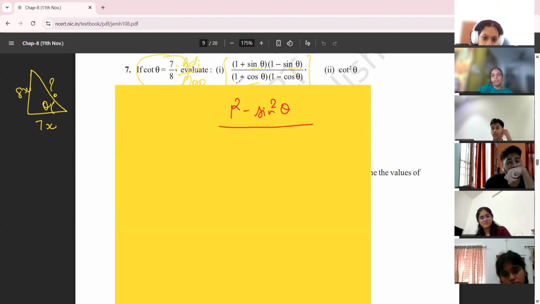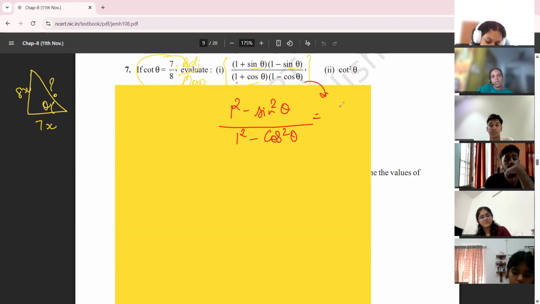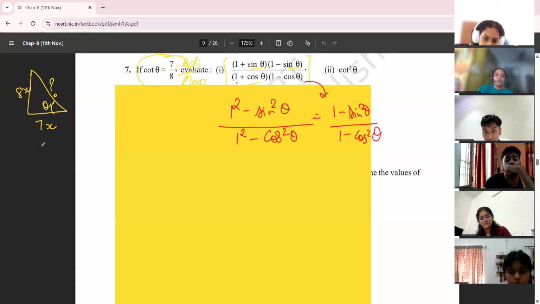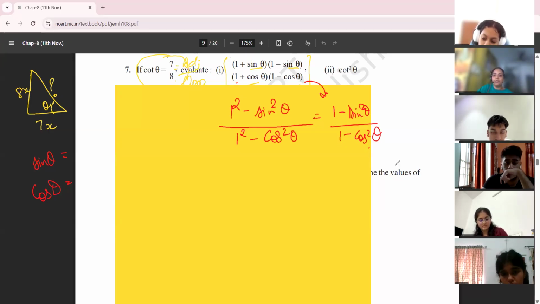Similarly, in the denominator, it is 1 plus cos theta, 1 minus cos theta. That means 1 square minus cos square theta. So I can write the final expression as 1 minus sine square theta upon 1 minus cos square theta. So whatever values you get for sine theta and cos theta from here, you square them and subtract from 1. Okay or not? To find out the value for this.